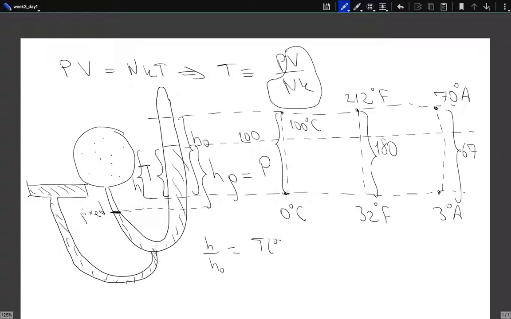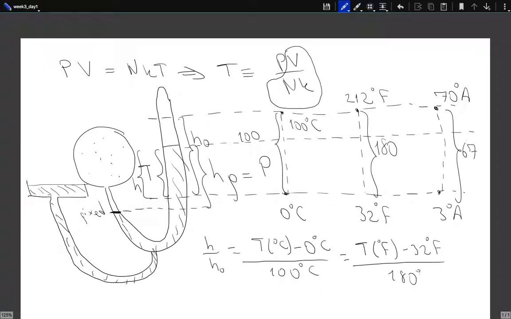will be your temperature in Celsius units minus 0 degrees Celsius divided by 100 degrees Celsius. So this is just that ratio. But that ratio is also the same thing as the temperature in Fahrenheit units minus 32 degrees Fahrenheit divided by 180 degrees Fahrenheit. 180 is the total length of the column.